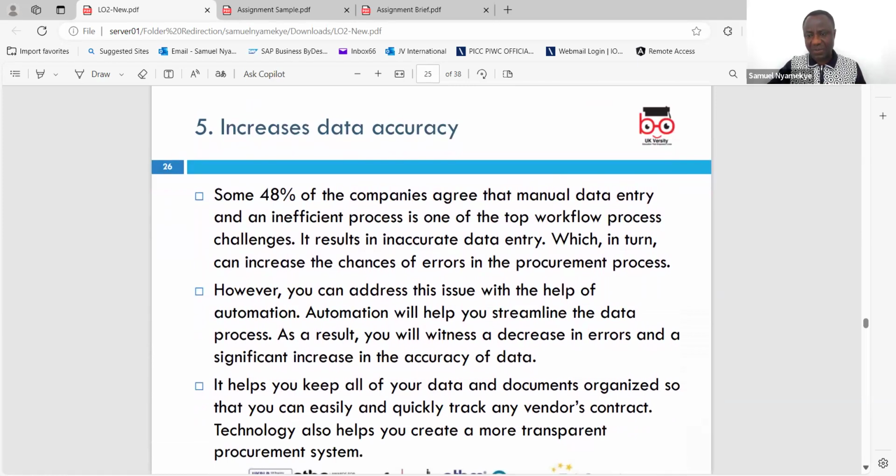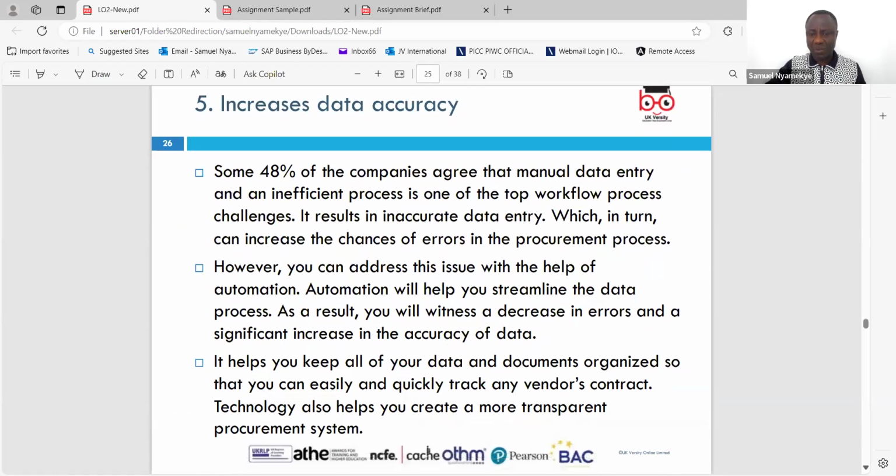Yeah, so accuracy of data is very, very important. So we are saying that companies have data that is manually managed, and at this stage that doesn't really help. So you need software to be able to make it more efficient and accurate.